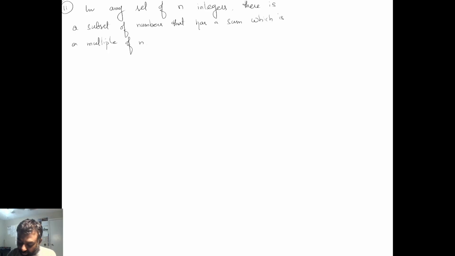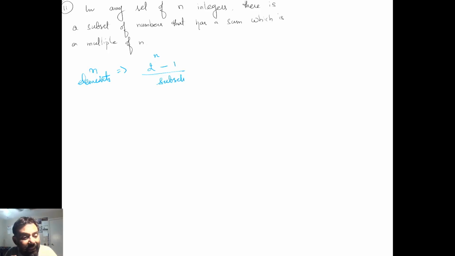Now you all know that if you have n numbers, the total number of subsets is 2 to the power n. One can immediately argue, okay, if I have 2 to the power n possible subsets, let me say it like this: n elements implies 2 to the power n minus 1 subsets.